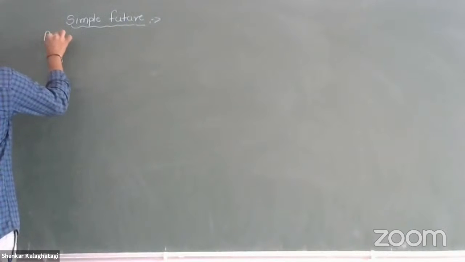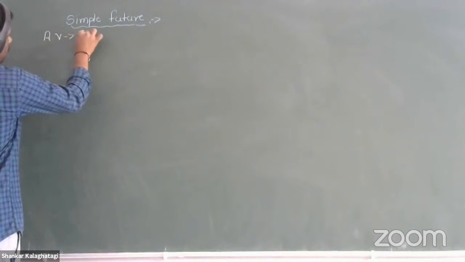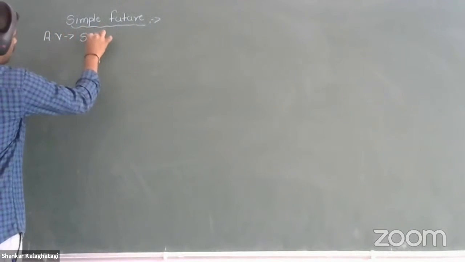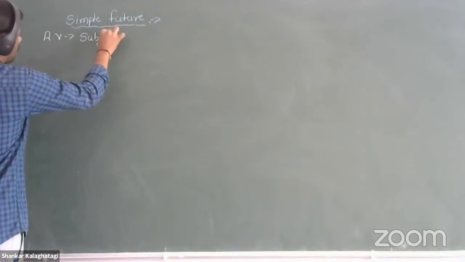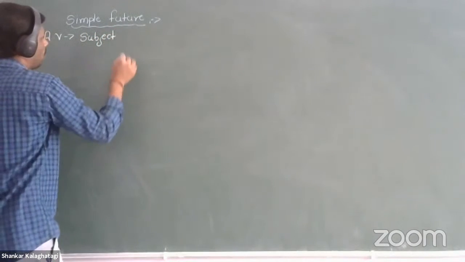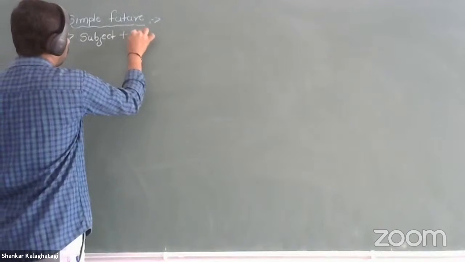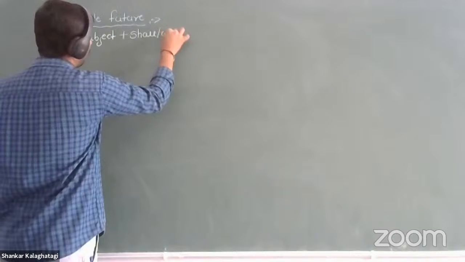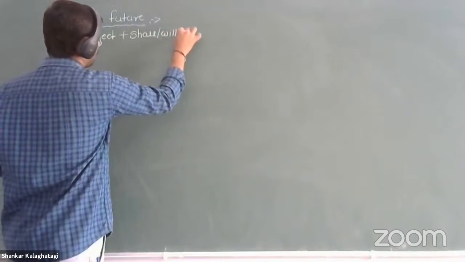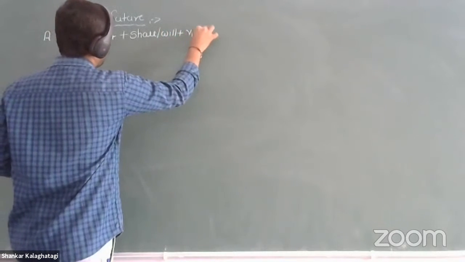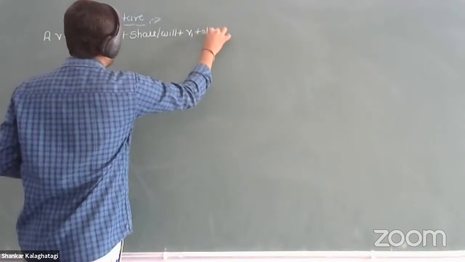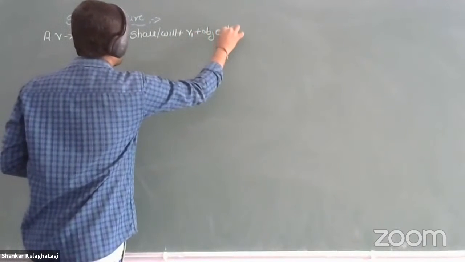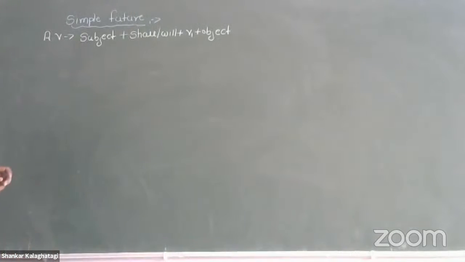So structure of the simple future. First we have to write subject. So then go for the helping verb, that is shall or will. Then we have to write V1. Then go for object. So this is the simple future. So here shall or will we will use for future.